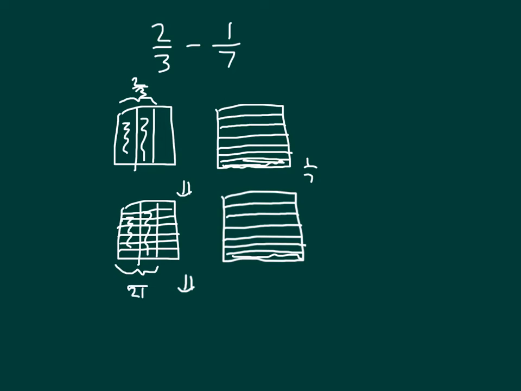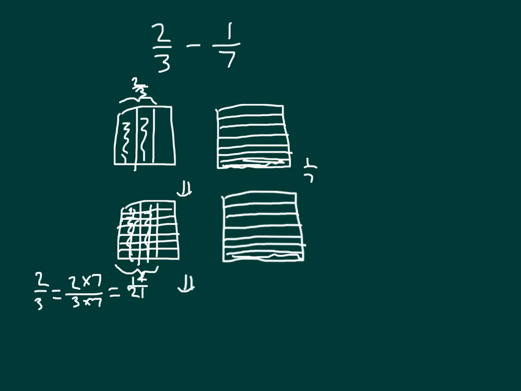And then we are looking at these here. That is 1, 2, 3, 4, 5, 6, 7, and then 7 more is 14. So we have 14 21sts. If we looked at the numbers behind that, that's 2 times 7 over 3 times 7, which is equal to 14 21sts. And we started with 2/3.